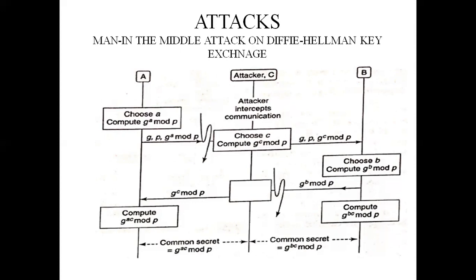So this could be done to carry out the man in the middle attack, where the attacker attacks us. So this is what the man in the middle attack is.